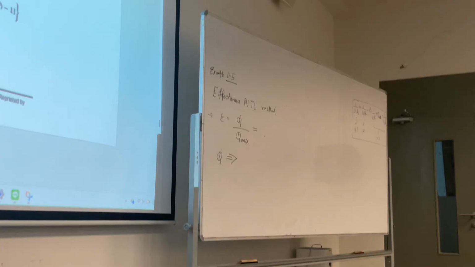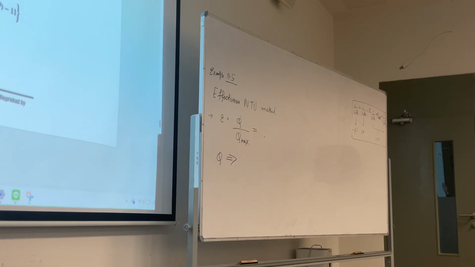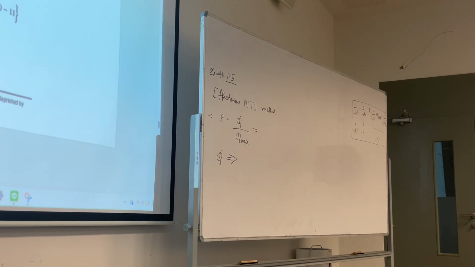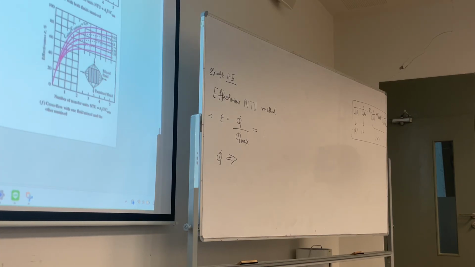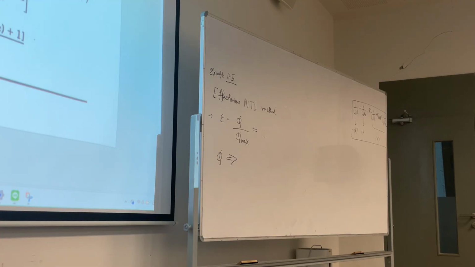If it's a double pipe, parallel flow, counter flow, if it's a shell and tube, if it's a cross flow, if it's all any heat exchanger. Okay. Depending on, so you have to write down all these formulas in your A4 size paper that you are bringing in the exam. So this is for when you have to calculate epsilon effectiveness. This table is for when you have to calculate NTU, number of transfer unit, for a double pipe, for a shell and tube, and for the cross flow.